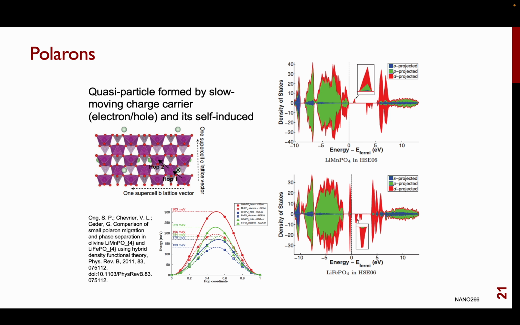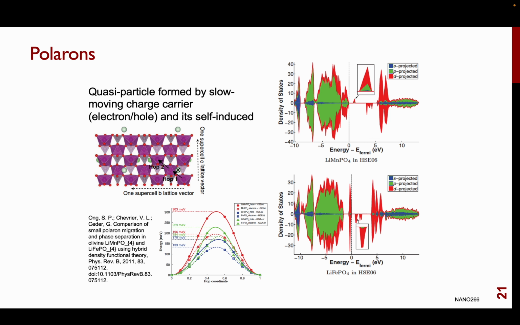All right, so you can also do things like polaron calculations. Polarons are just quasi-particles that are formed when you have a charge carrier sitting in an ionic crystal, and that charge carrier causes your lattice to distort around it.